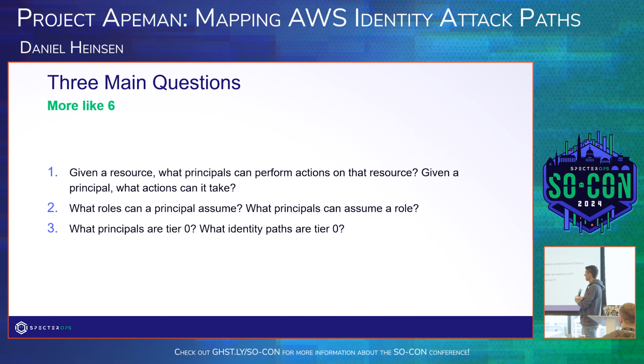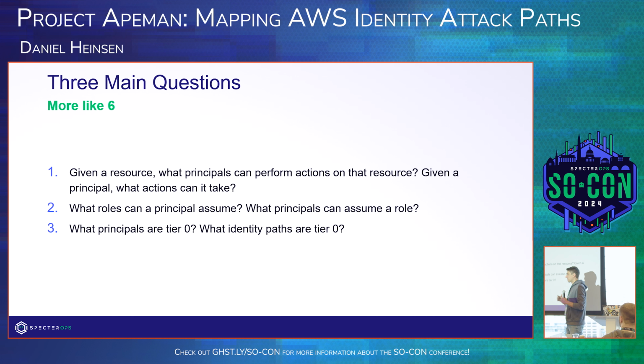So we have kind of like 6 big questions. And I say there are 3 because they're kind of like inverses of each other, right? So the first is, given a resource, what principals can perform what actions on that resource? So I want definitive. I want resultant set of policy, conditions solved, SCP, everything applied. What users can perform what actions on this exact resource?